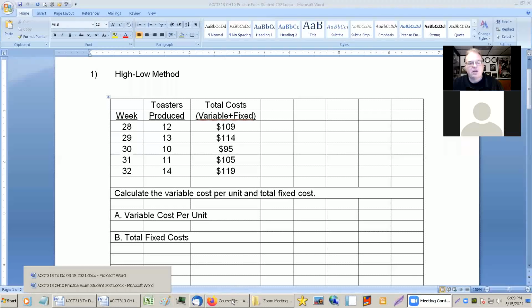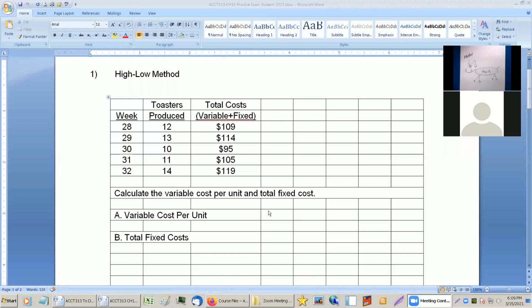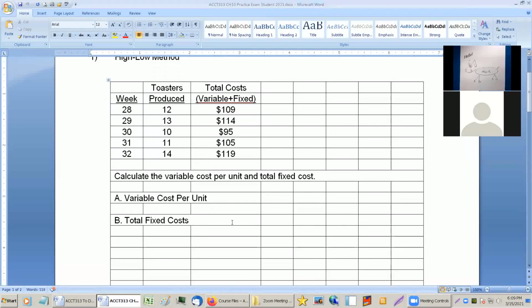So let's go ahead. Okay, so the high-low method. Start with the high and the low. That's the low. This is the high.